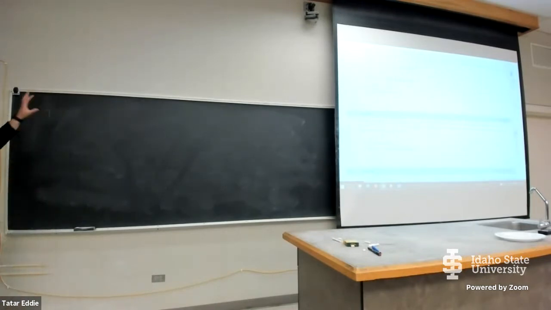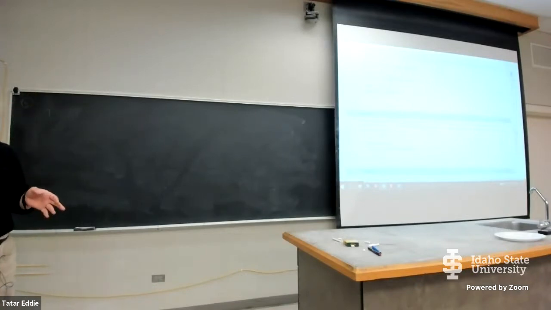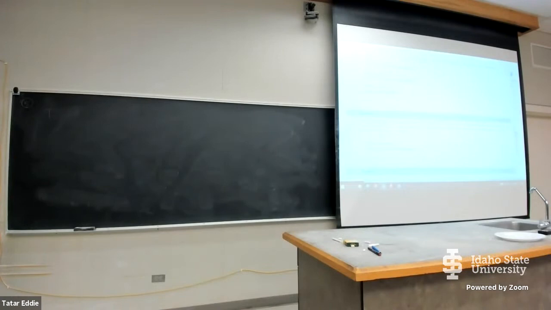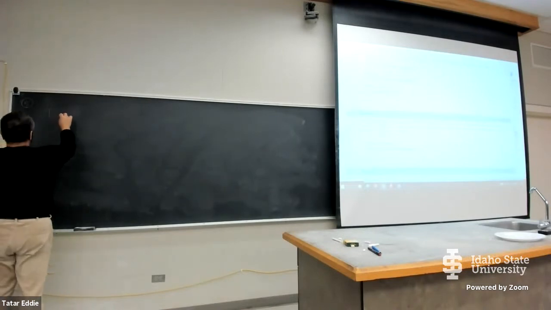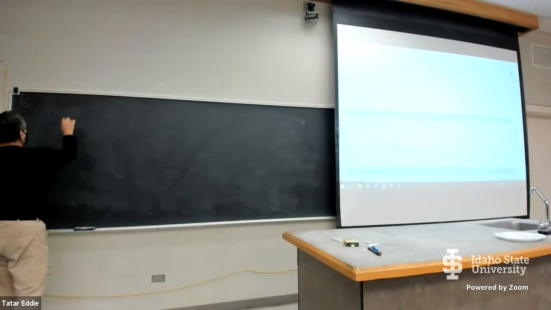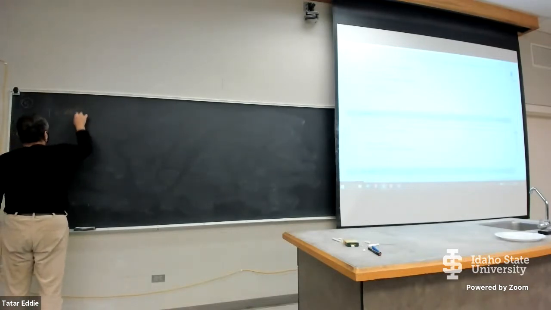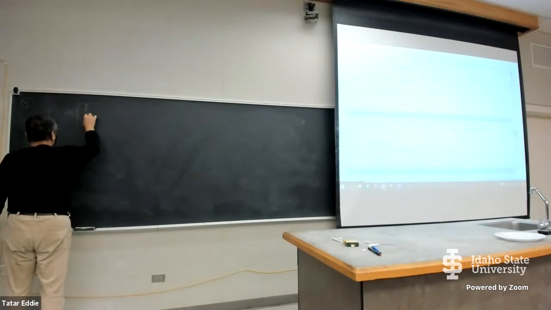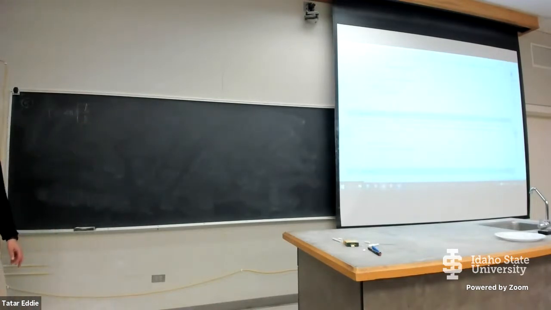The capital T in this problem is going to be period, and temperature is going to be lowercase t. The period of a pendulum is given with 2 pi square root of the length of the pendulum divided by 9.8, the acceleration of gravity.